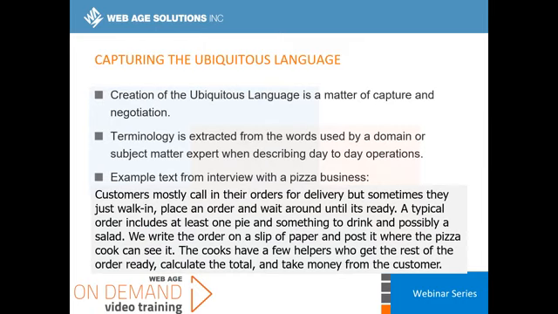So when we look at that particular piece of text, there are things that are emphasized there. That's a discussion that's not very technical, and so we need to start to capture the things that are most important from that ubiquitous language. All right.